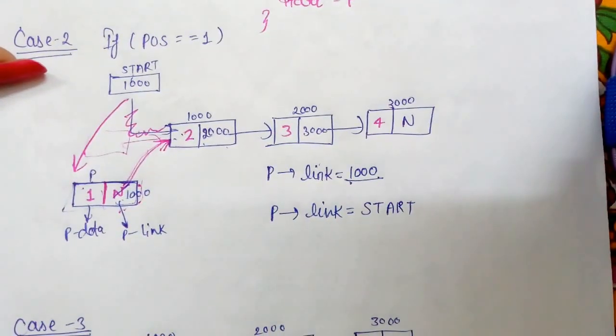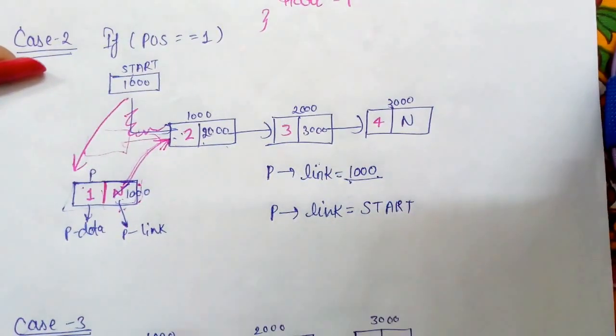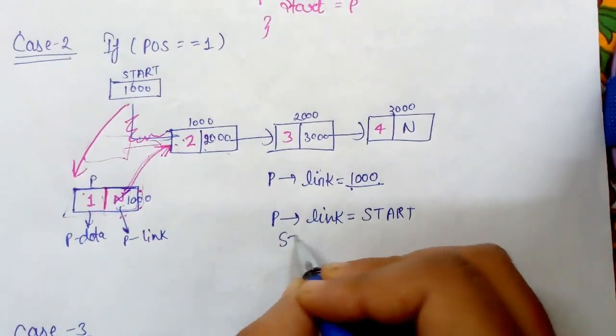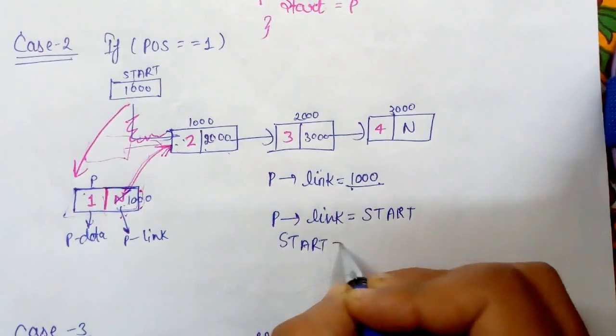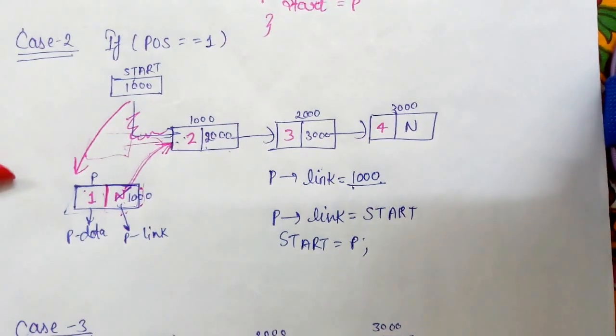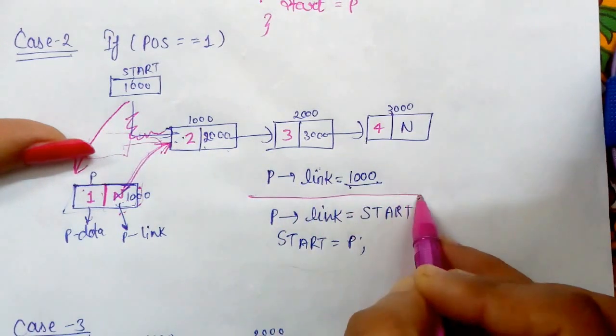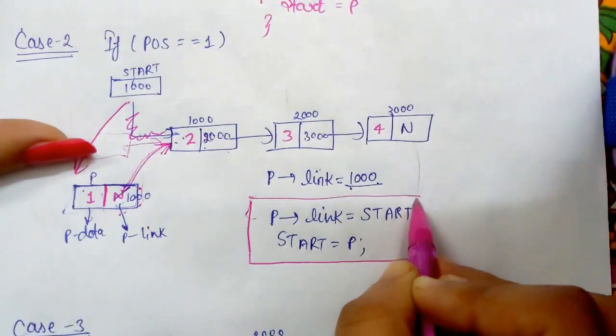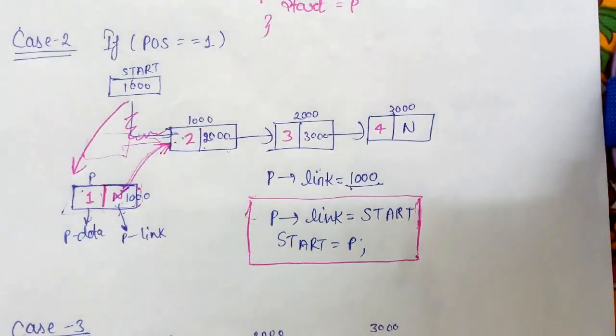So what I will do: P link is equal to start, and now start will point at P. This is the only way by which I can insert a new node into the first position.